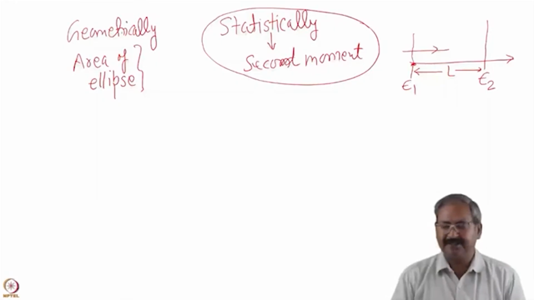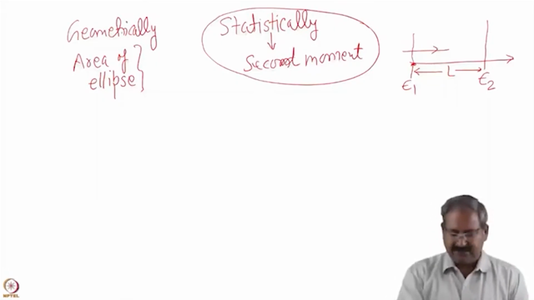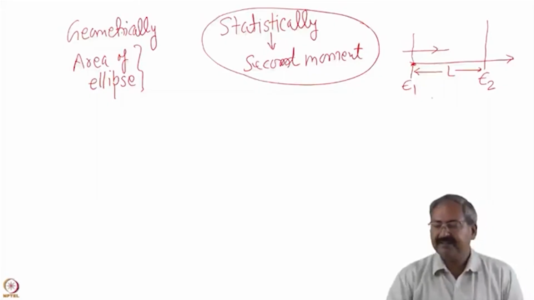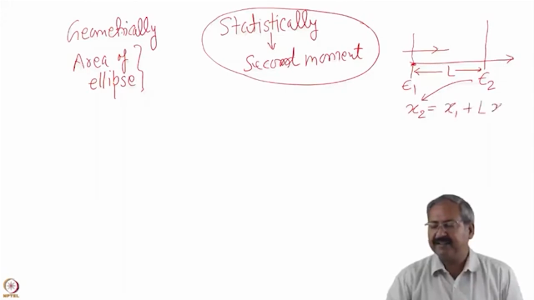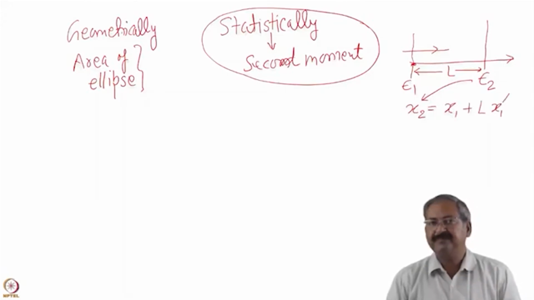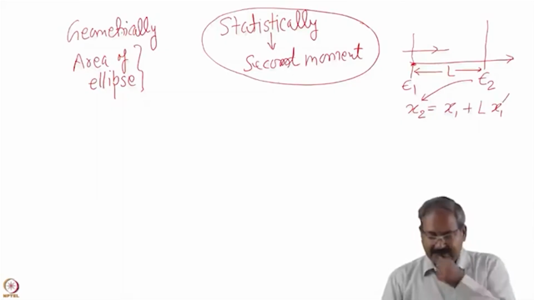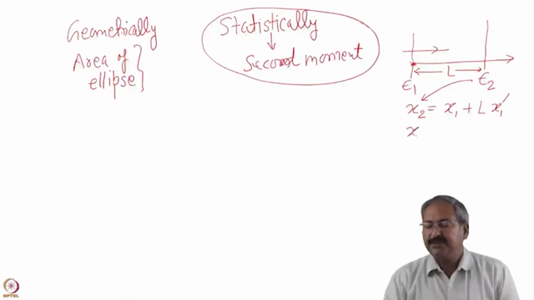So we check it. Suppose x2 at this point is equal to x1 plus L x1 prime, and x2 prime is equal to x1 prime.